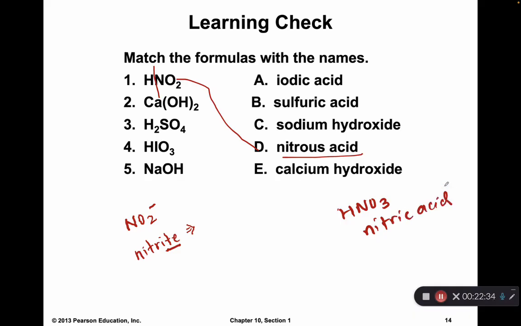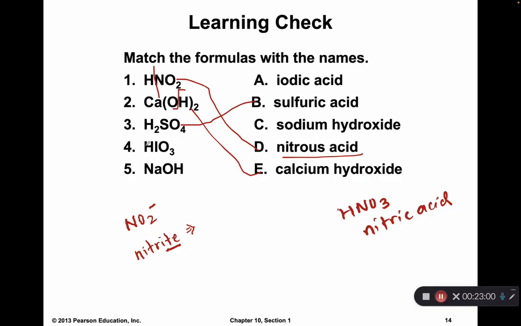Now, Ca(OH)2, we have here OH, so it is a hydroxide, so it is calcium hydroxide, right? H2SO4, we have the sulfate ion, so it is sulfuric acid. It is a polyatomic anion, so no need to add the hydro prefix there. Next, HIO3.